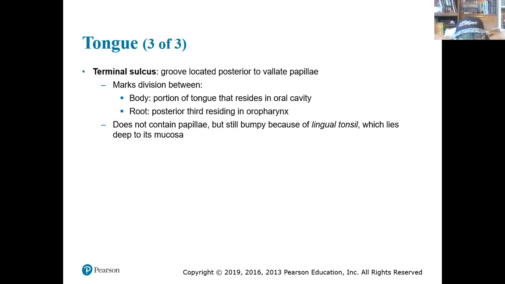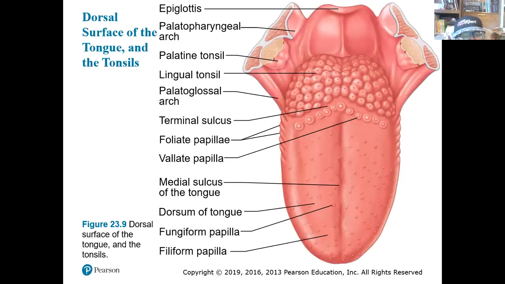The root is the back third that is past the mouth proper and in the oropharynx. This terminal sulcus doesn't have any papillae, but it's still bumpy because there's a lingual tonsil right below its mucosa. All right, moving on.